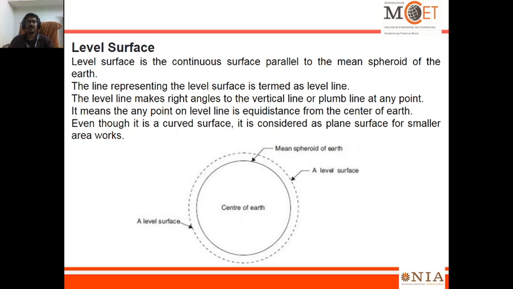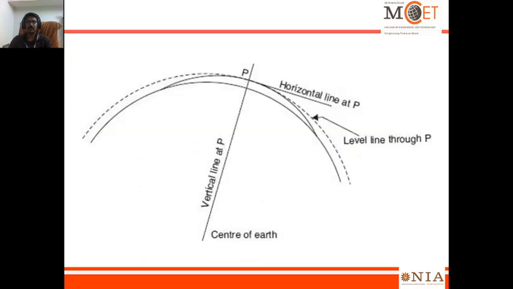Even though it is a curved surface, it is considered a plane surface for a smaller area of work. If this is a small portion of the earth surface, it looks flat, even though it is curved. It is totally an imaginary line, but it is parallel to the datum line. The datum line is the exact mean sea level of the earth.